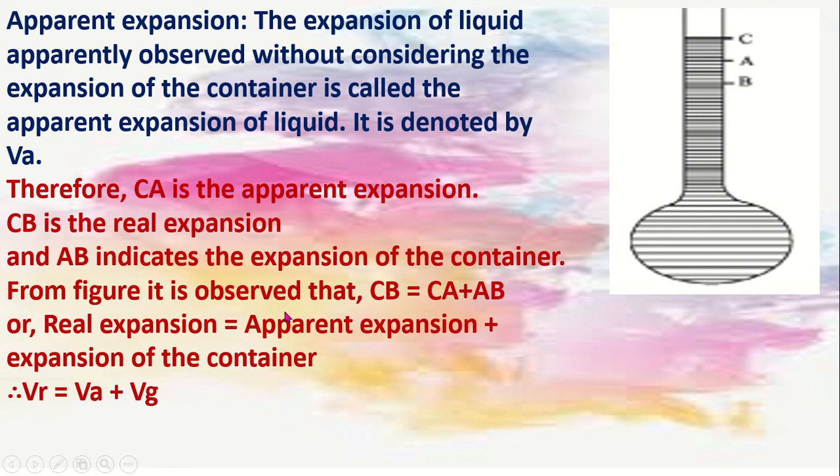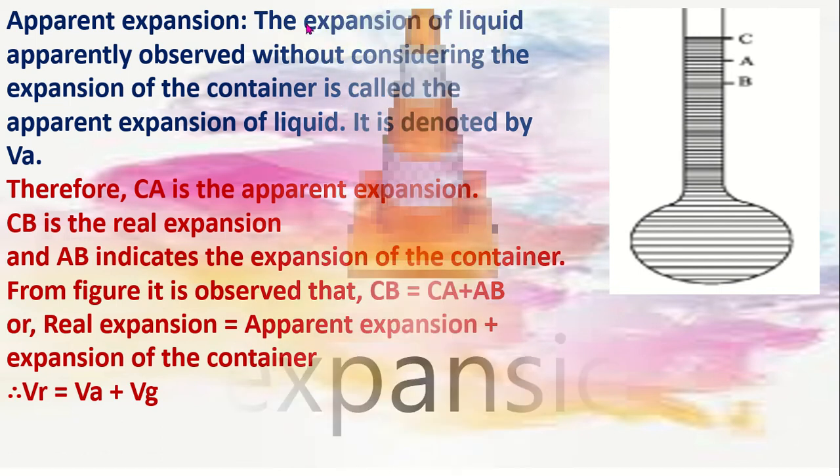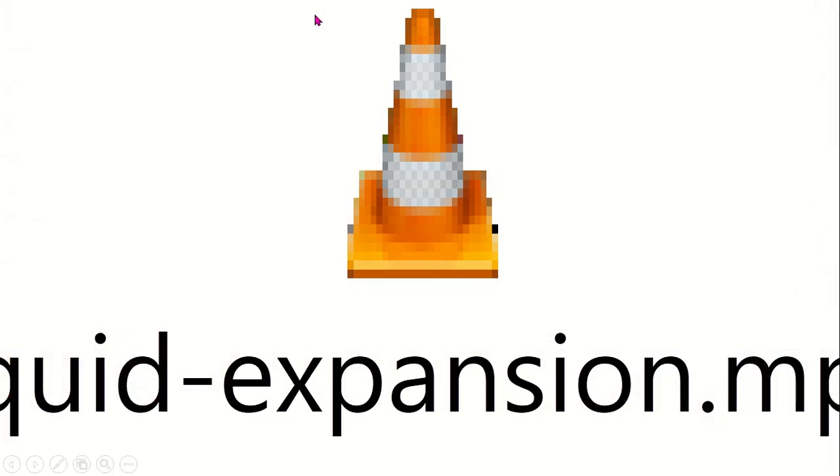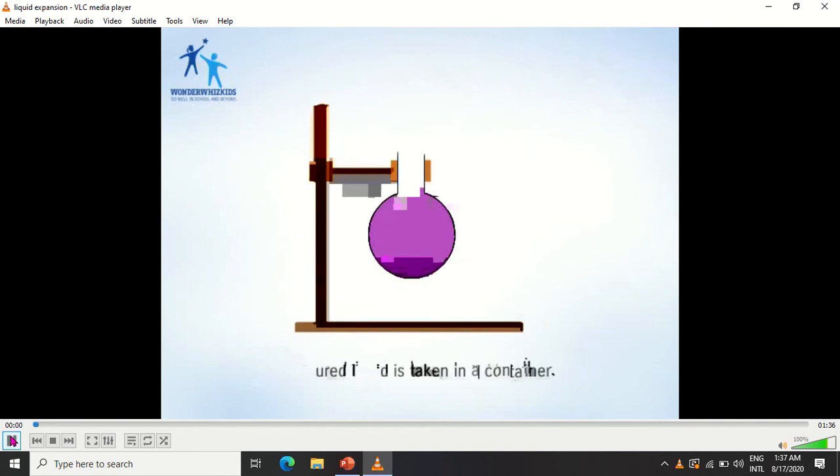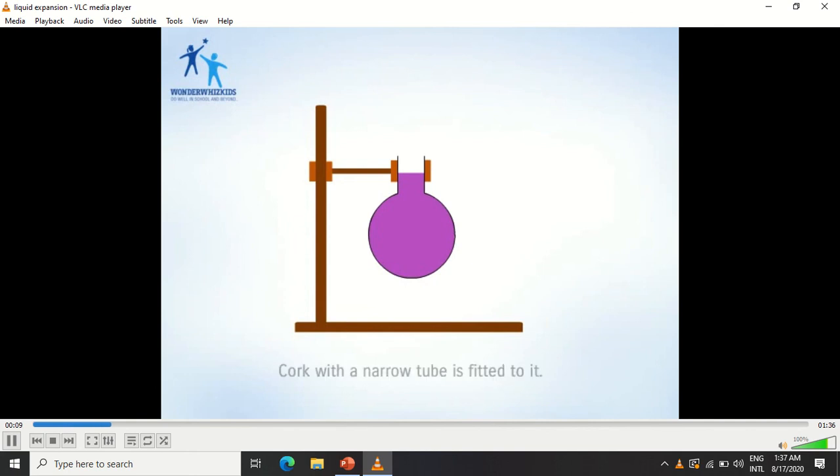Now I will show this experiment by using a video which will make it clearer. So let's watch. Here, colored liquid is taken in a container. A cork with a narrow tube is fitted to it. The initial level is V1.